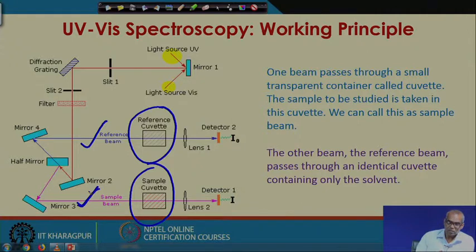The sample is taken in some transparent solvent in the cuvette. The other beam passes through an identical cuvette, but instead of the solution to be investigated, I take the same solvent which was there in the other cuvette.